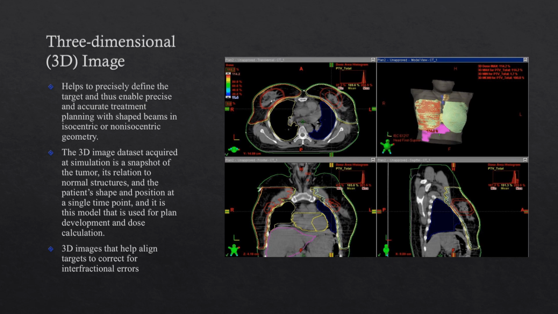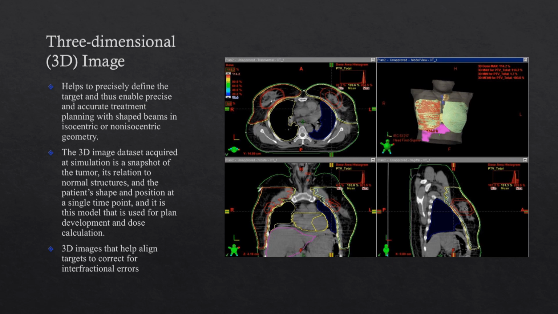Now I'll explain the 3D image definitions, or 3D image advantage or function, which helps to precisely define the target and enables precise and accurate treatment planning with the shaped beam in isocentric or non-isocentric geometry. This presents the GTV, the CTV, and the ITV or PTV.